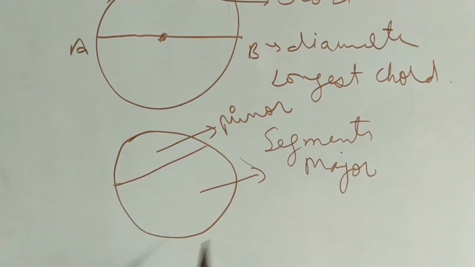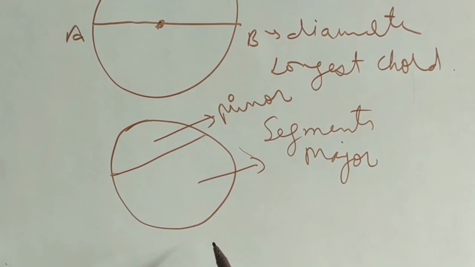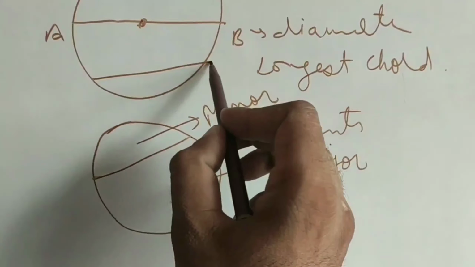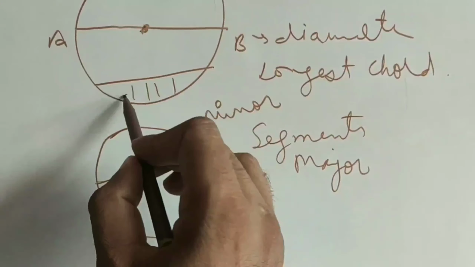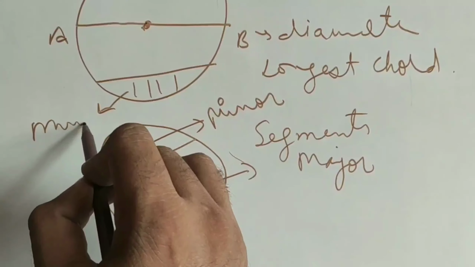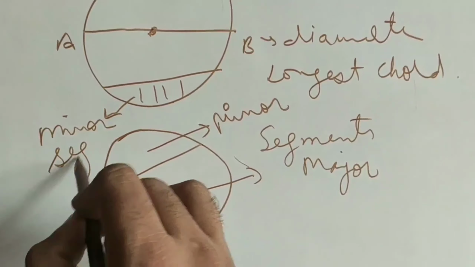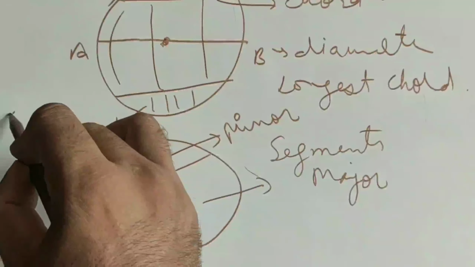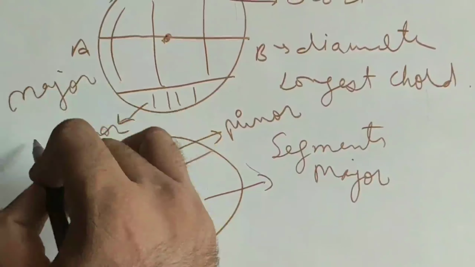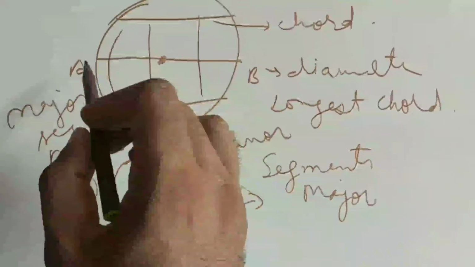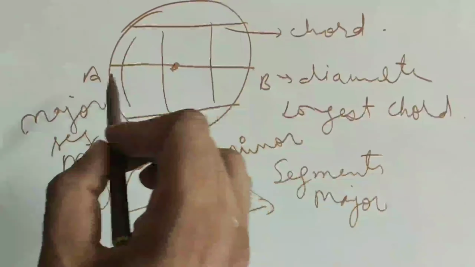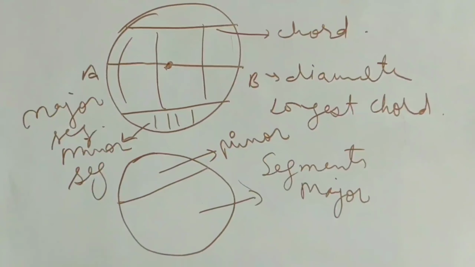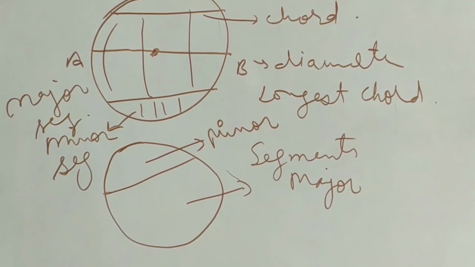Suppose this is a chord, then this part is the minor segment, and the part above it is the major segment. So clearly we can also say that a diameter divides a circle into 2 equal segments.